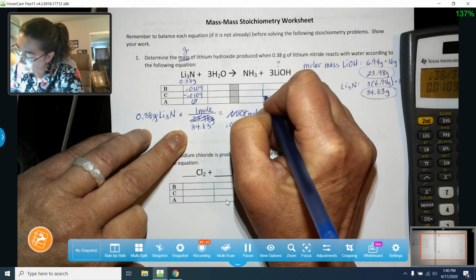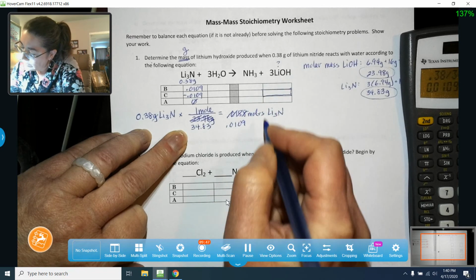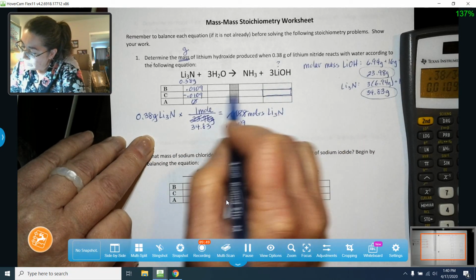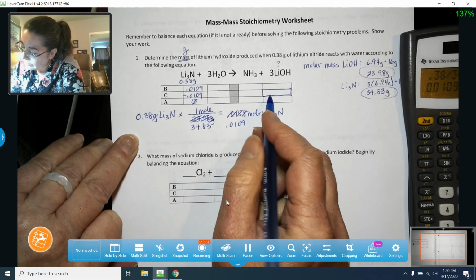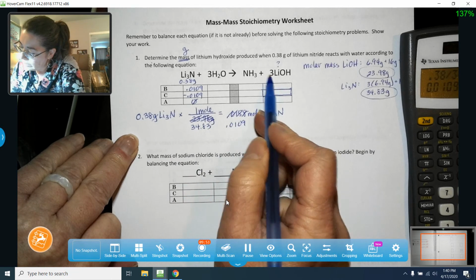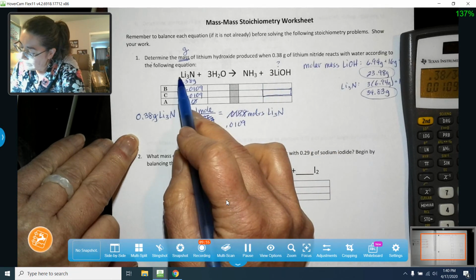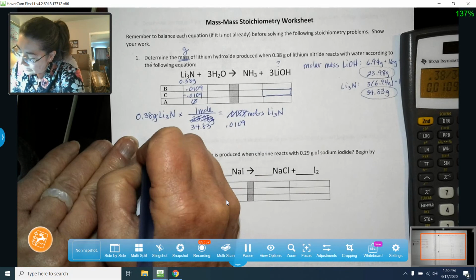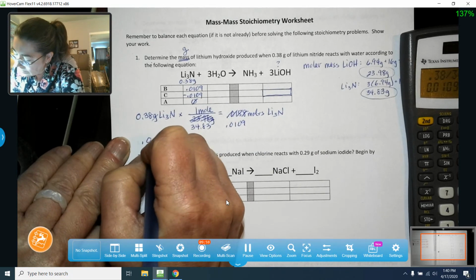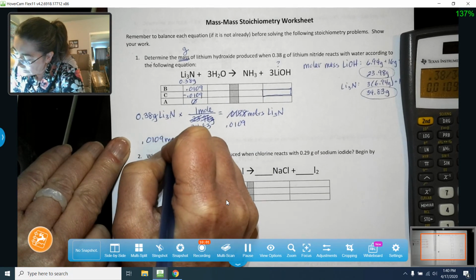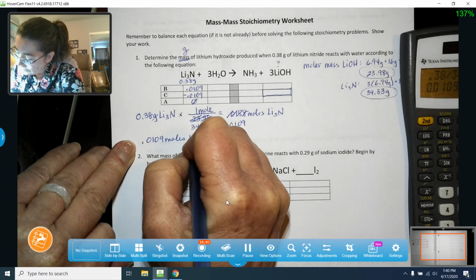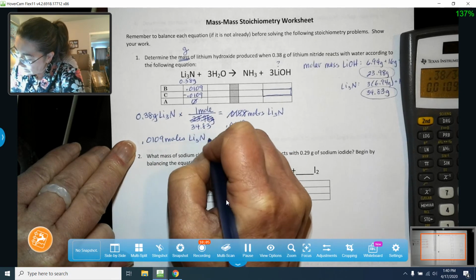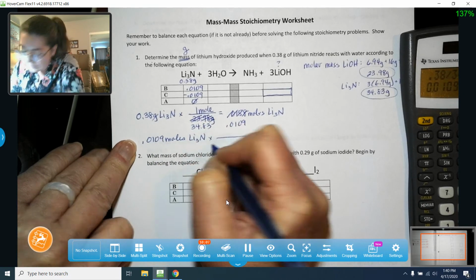So this is the thing I want to find. So why don't we just start with this right here. So we're going to use our mole ratio, which is a 3:1 ratio. Right? So I'm starting with 0.0109 moles of lithium nitride.